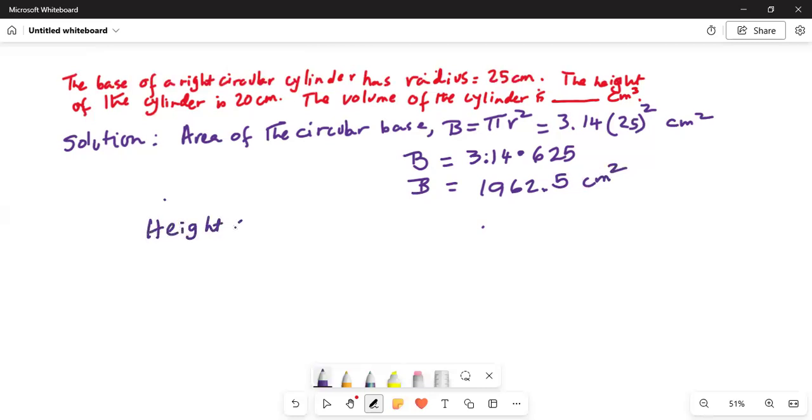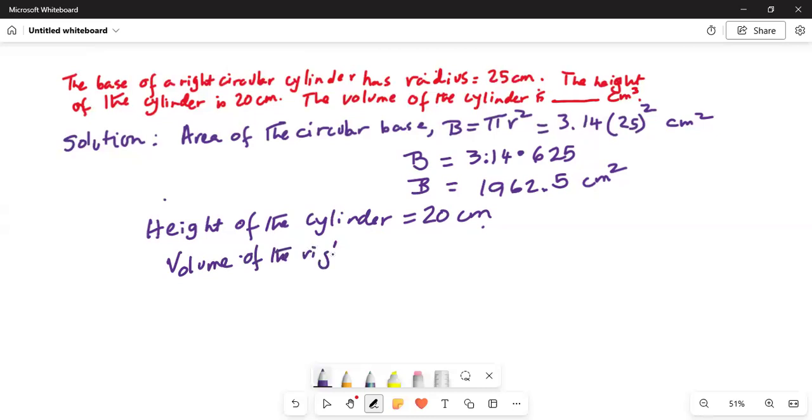Now, the height of the cylinder is given to us. Height of the cylinder is 20 centimeter. So volume of the right circular cylinder is base times height, base area times height.